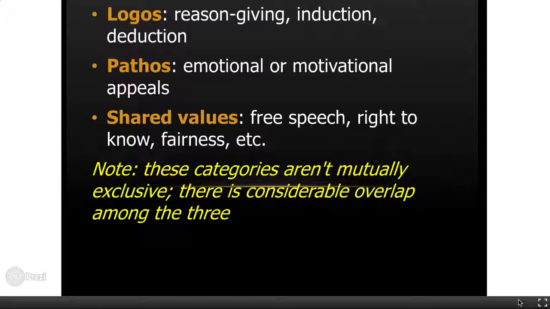Those are ideas multiple people could relate to. Again, the categories aren't exclusive to one another. There's going to be a lot of overlap, especially within an extended argument, where you'll probably have some shared values, some pathos, maybe more logos, and some ethos to go along with it.